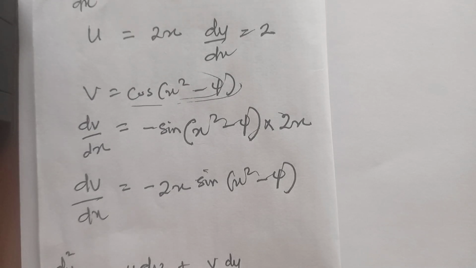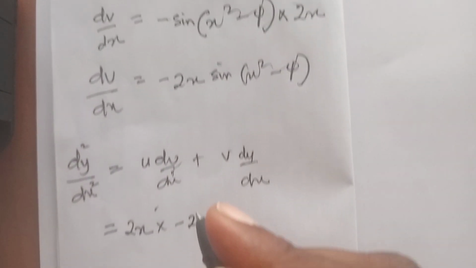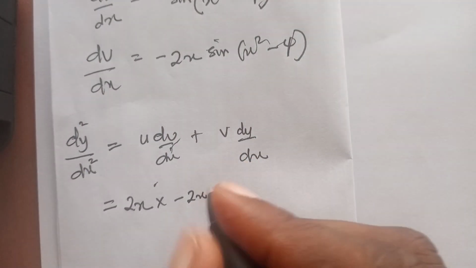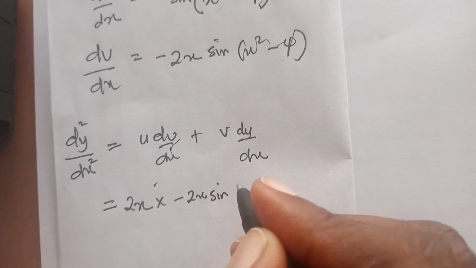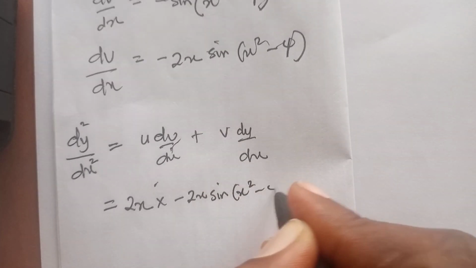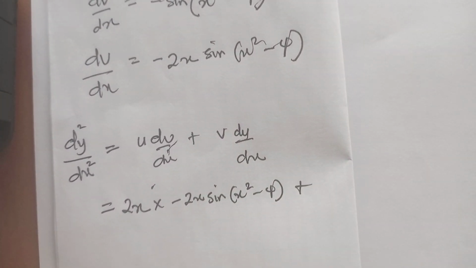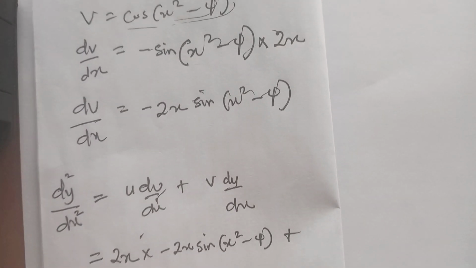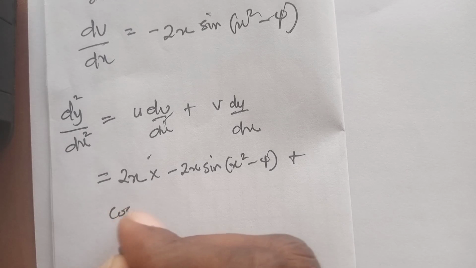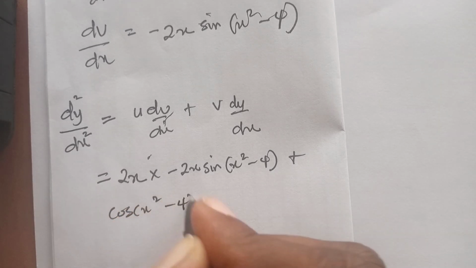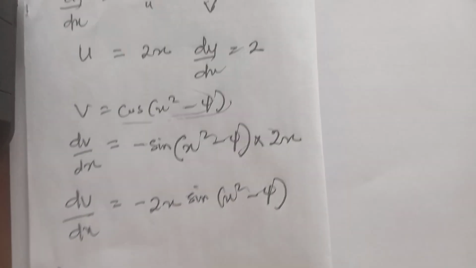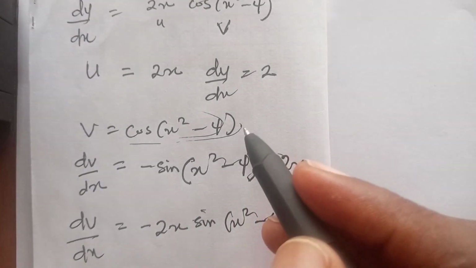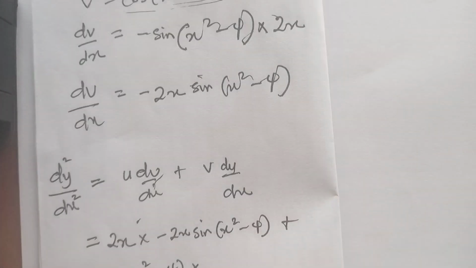My u is 2x times dv dx. What's dv dx? Minus 2x sine of x squared minus 4, plus v. What's my v? V is cos of x squared minus 4 times du dx. What's du dx? My du dx is 2.